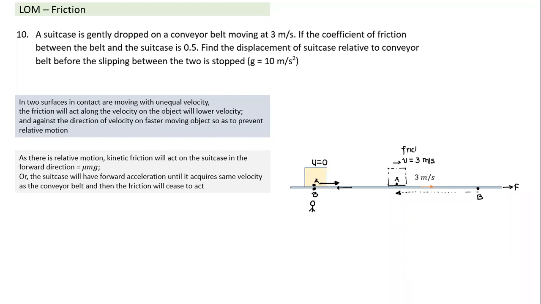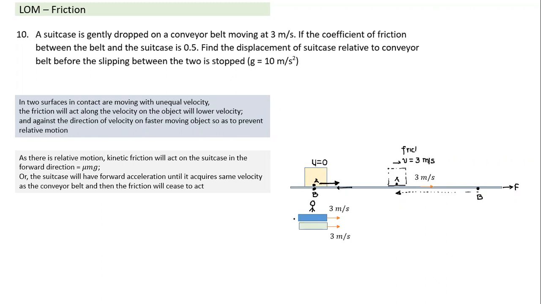So we spent so much time to understand what happens, what friction is, when it comes to a stop, and which direction it acts: until it acquires the same velocity as the conveyor belt, and then the friction ceases to act. You notice it in a train also: when the train is running at constant speed, if a suitcase is lying on the train surface, no friction is acting. Let's understand the same thing in terms of relative velocity.